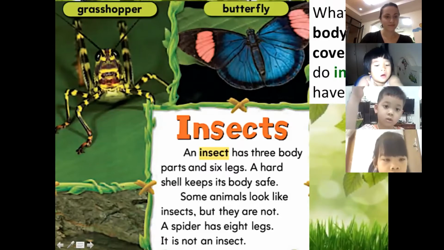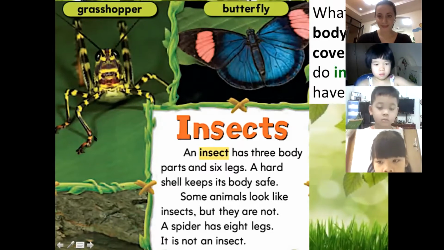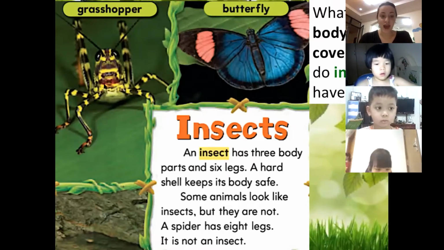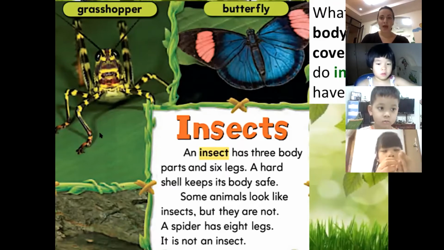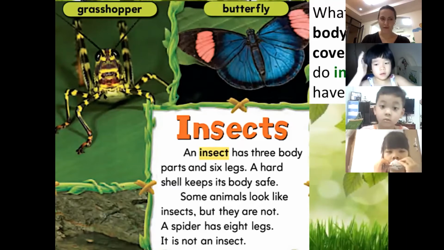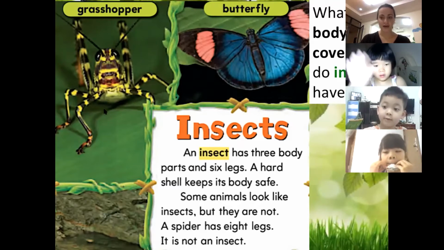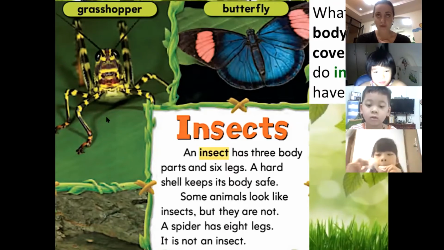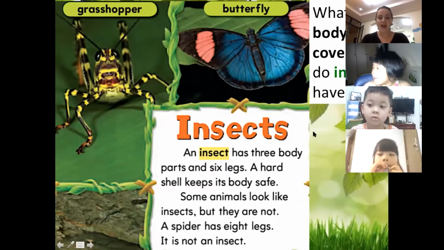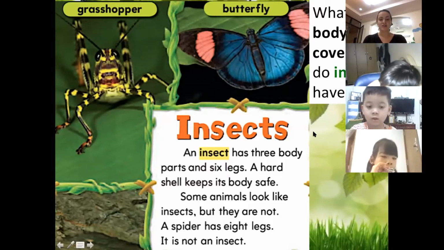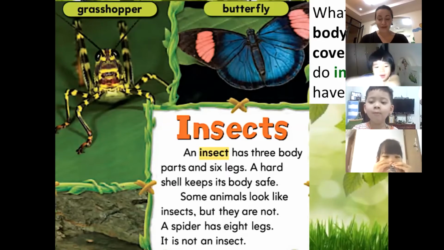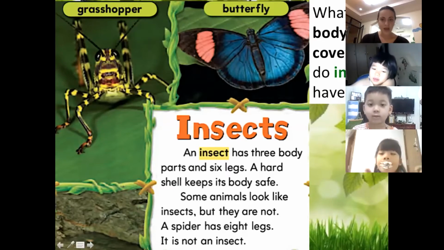Sam? Insects have 3 body parts. Yes, insects do have 3 body parts, but what about their body covering? What's on their body? Do they have fur? Leo, go ahead. Shells. Yes, excellent job, Leo. Insects have hard shells to protect their bodies.